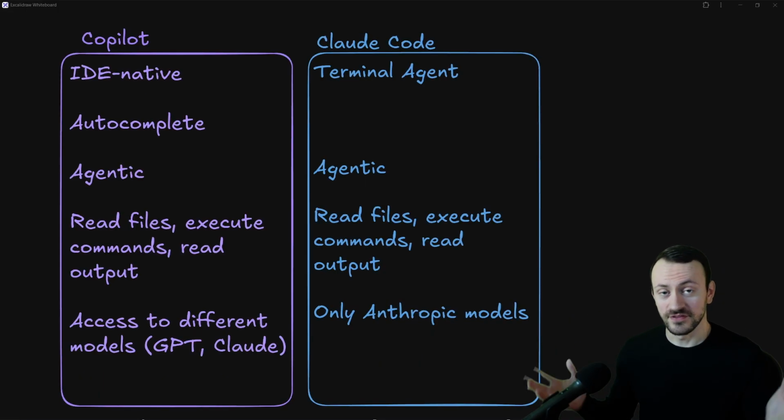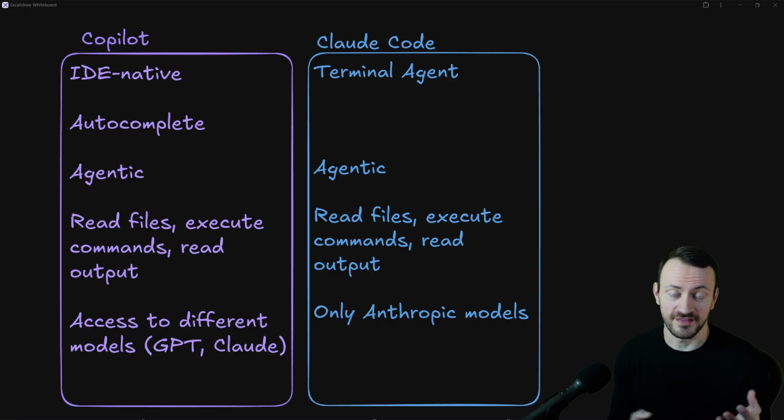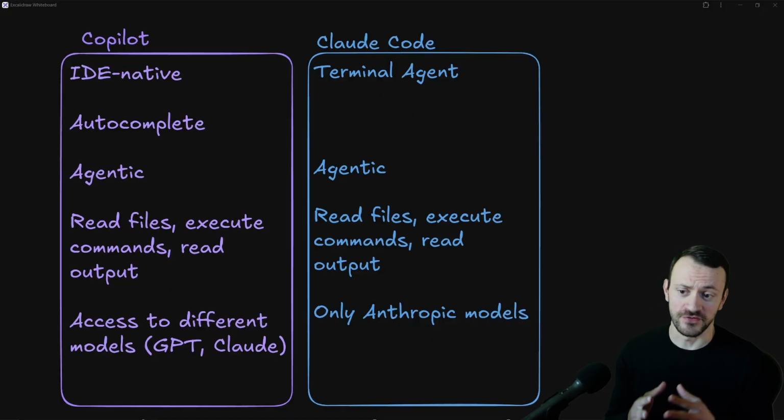So now the viewer's question makes more sense. Copilot and Claude Code, they're not models, they're harnesses. They're both wrapping models and giving them the ability to act. The differences between them, which I covered in the original video, are really about how they harness. Copilot and Cursor are more IDE native, as opposed to Claude Code and the other CLI tools like OpenCode and Codex CLI, which are terminal agents.